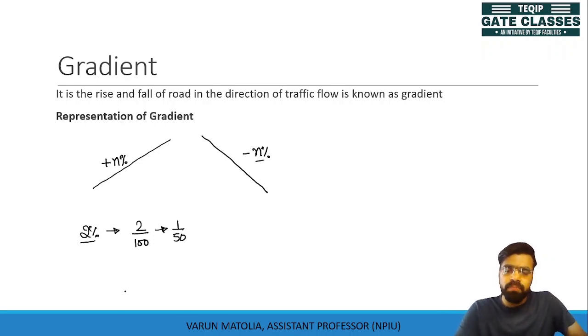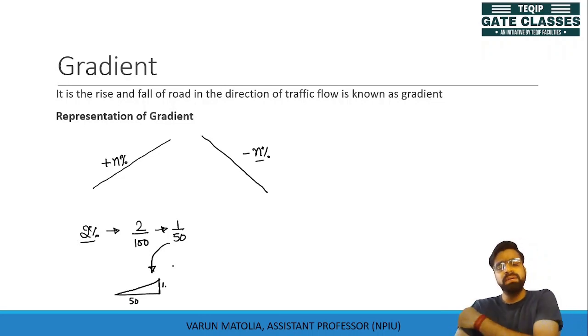So whenever I am moving in the horizontal or longitudinal direction by 50 units, my position will change in the vertical direction by 1 unit. If I join these 2 points, this is the slope represented by the value 1 by 50.